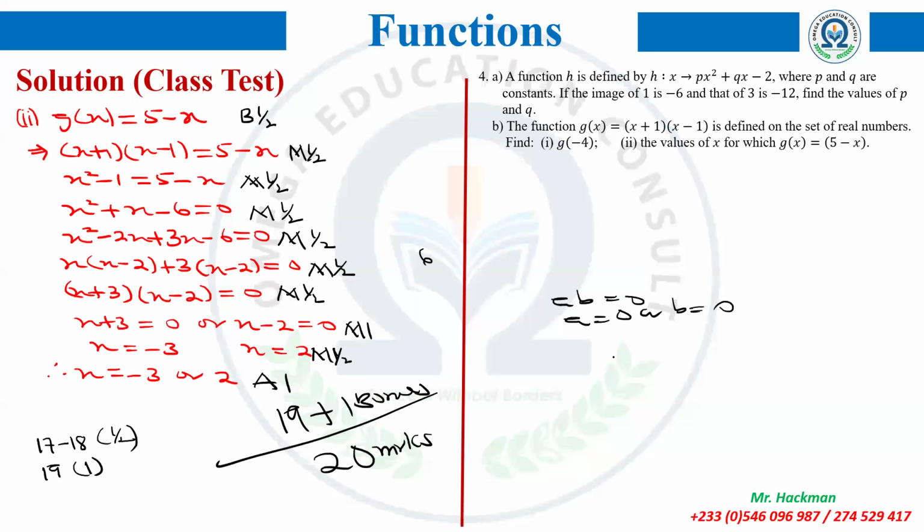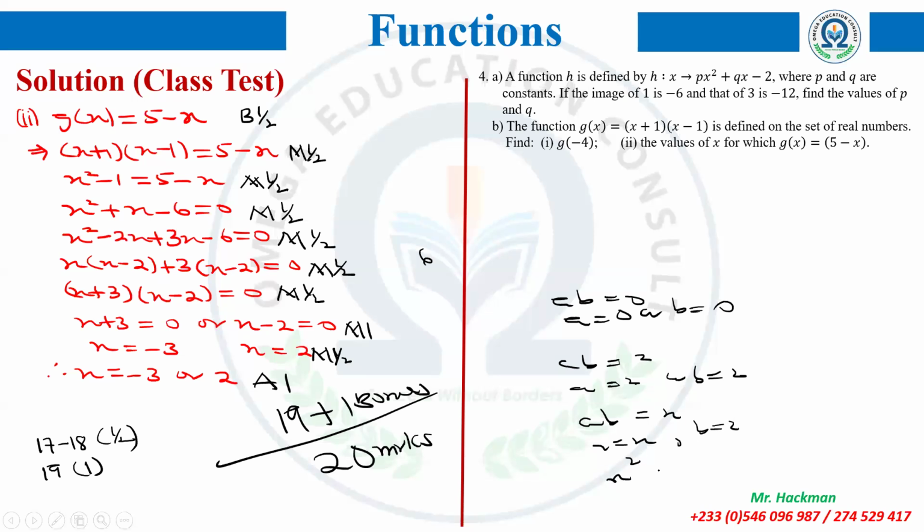Apart from that, if you have AB is equal to any other thing which is not 0, let's say 2, I cannot say A is equal to 2 or B is equal to 2. And again, if I have AB is equal to X, I can't say A is equal to X or B is equal to X. Because if A is equal to X and B is equal to X, if I multiply, I will get X squared.